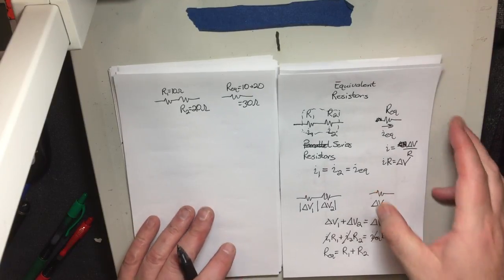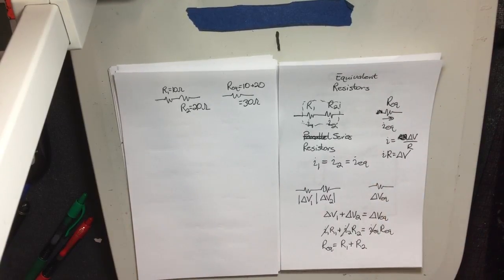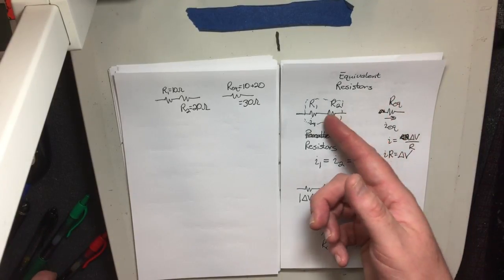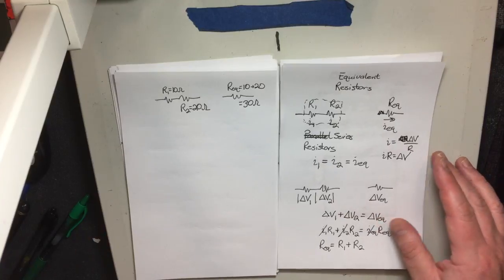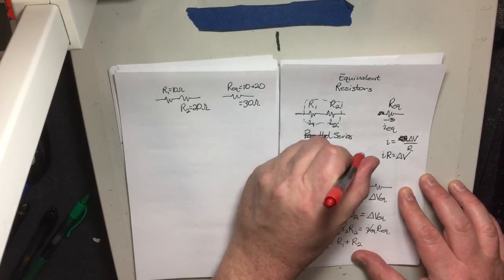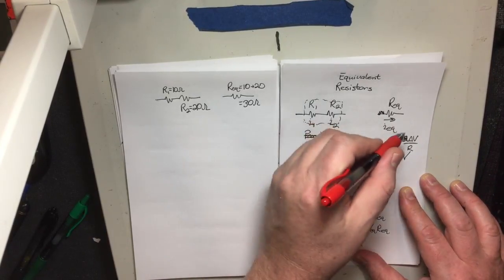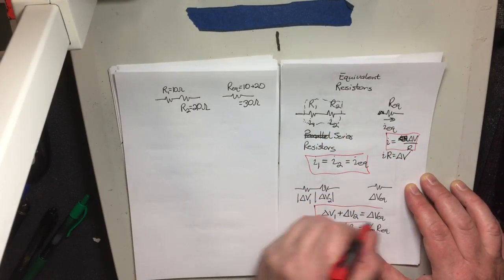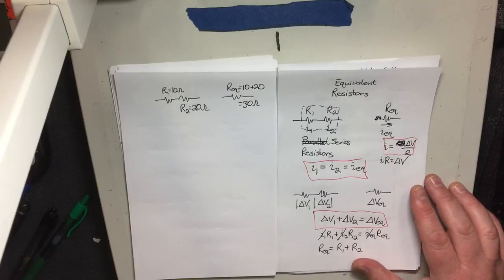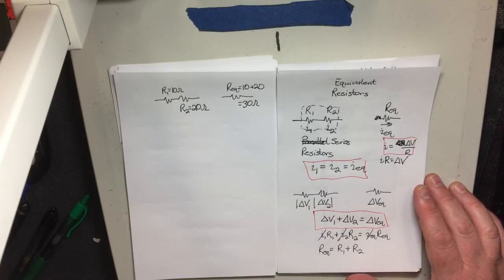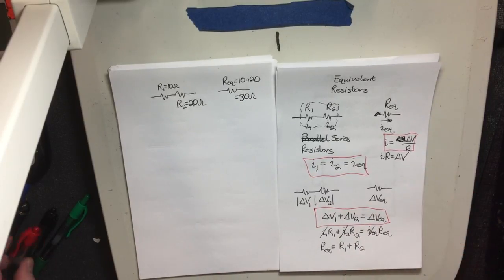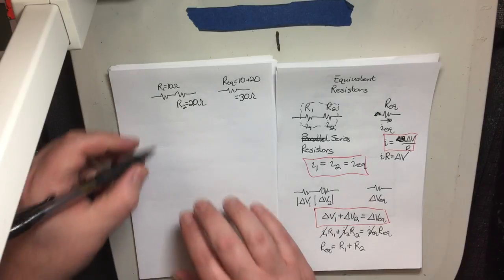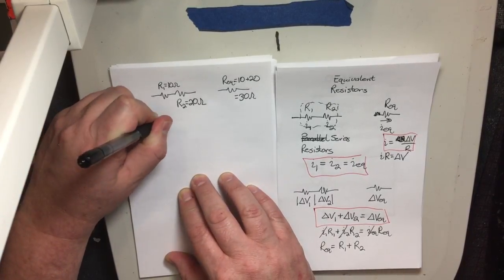What we've done here is the derivation of equivalent resistance for series resistors. The things that you need to know are this, obviously that, and this. Then everything else is substitution. Now we can get to parallel resistors.